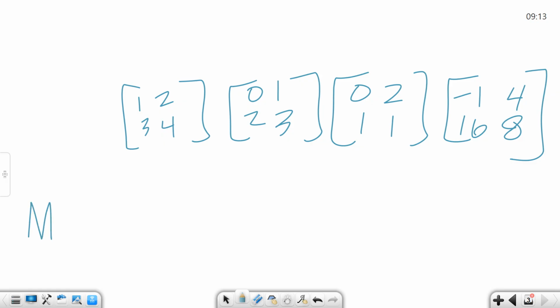Now, we're asking if this is a basis for M22, and we can't immediately just throw it out. What's the dimension of M22? 4, okay? And the way that we got that dimension was in a matrix. When you're finding the dimension, you're going to multiply those 2. So my dimension should be 4. Well, this one has 4. That doesn't mean it's a basis, though. But it's the right number of vectors, so we can't throw it out either.